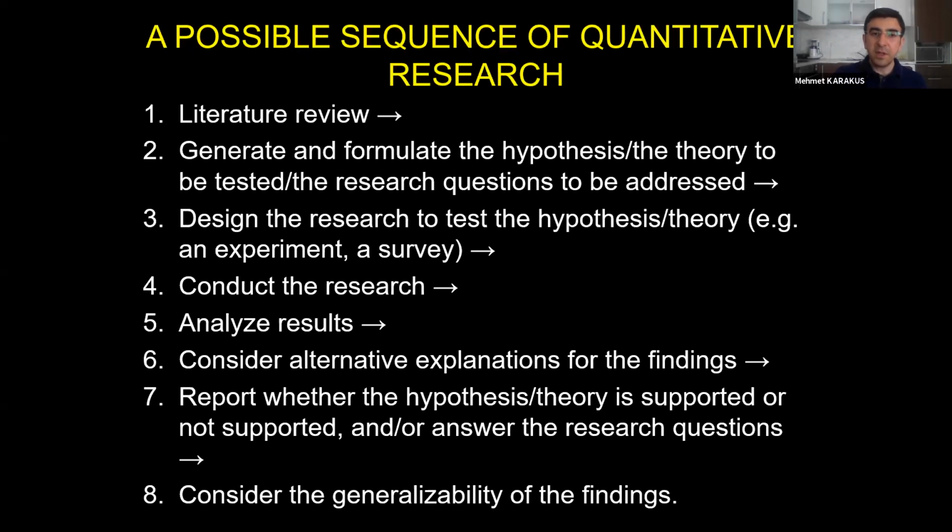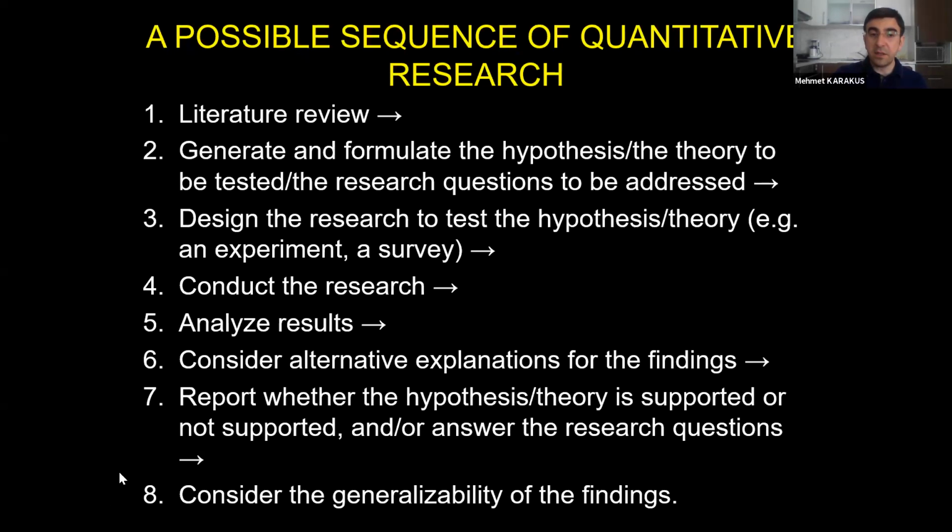And then in the end, we can consider the generalizability of the findings, especially in the quantitative studies. We try to reach as high a sample as we can, to represent the whole population.